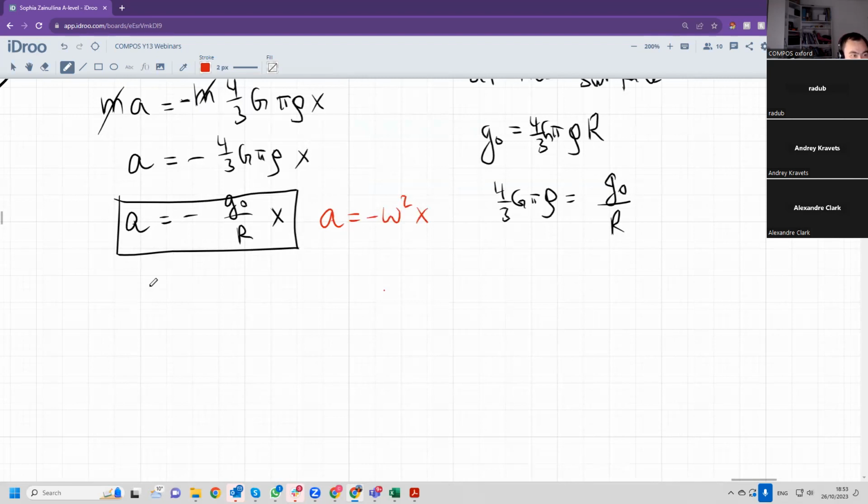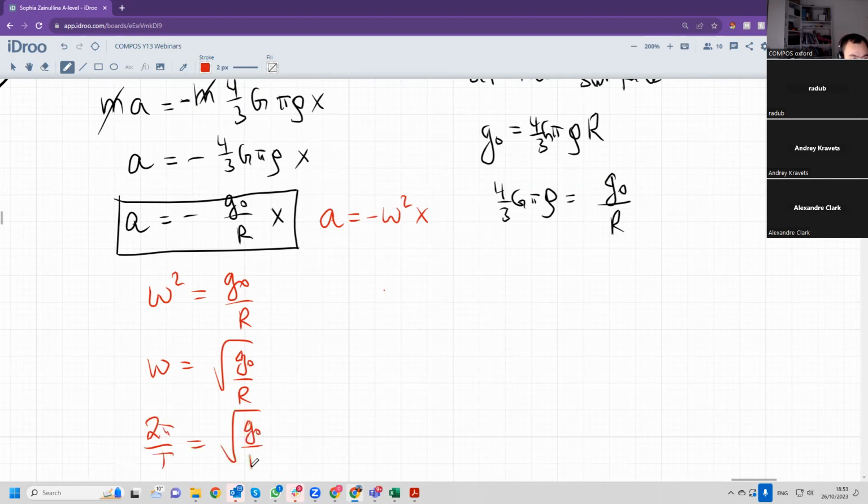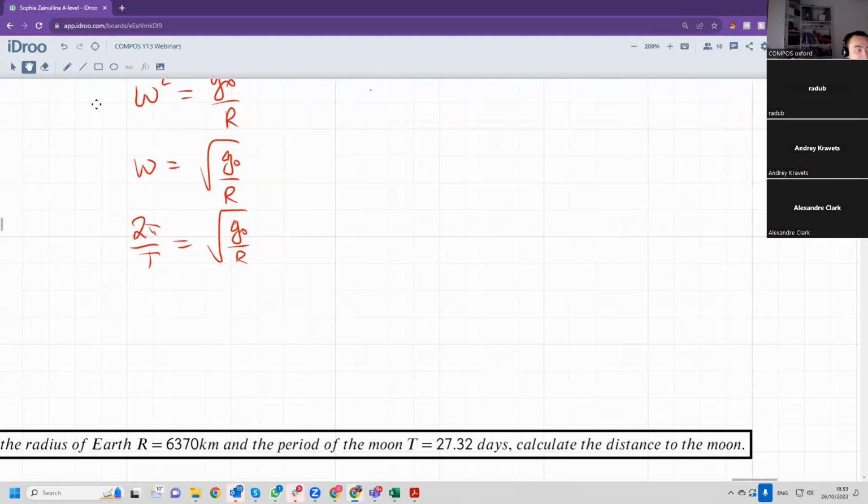Therefore, omega squared is equal to g0 over R. Omega is equal to the square root of g0 over R. And omega is 2 pi divided by T, so the time period is 2 pi times the square root of R divided by g0.